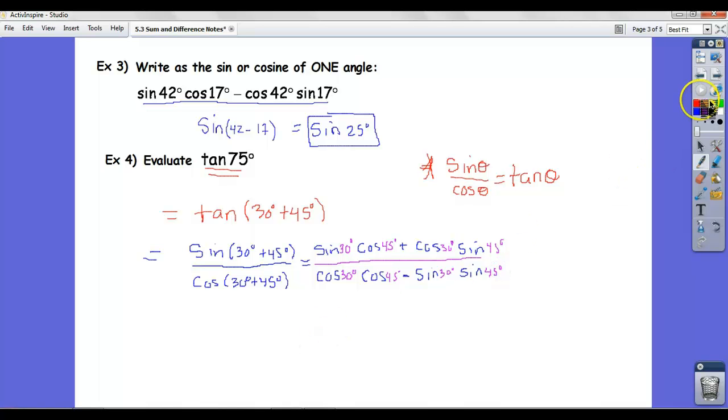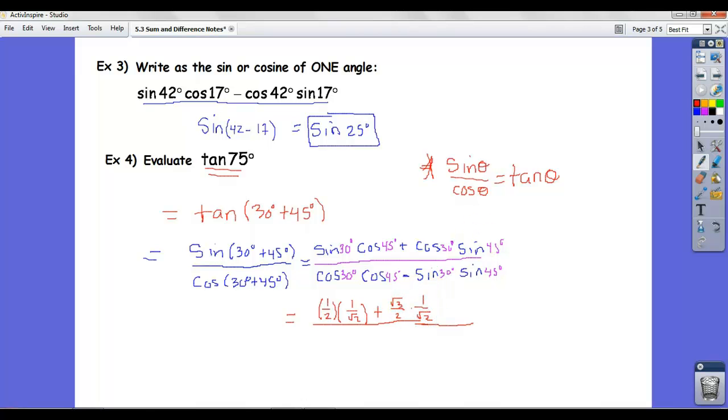Nice. Now we have to evaluate each piece. So again, this is something I'd expect you to do, and it may take you longer than it takes me, but you should still be able to do it. So sine of 30 is 1/2. Cosine of 45 is 1 over root 2. Plus cosine of 30 is root 3 over 2. Times sine of 45 is 1 over root 2.